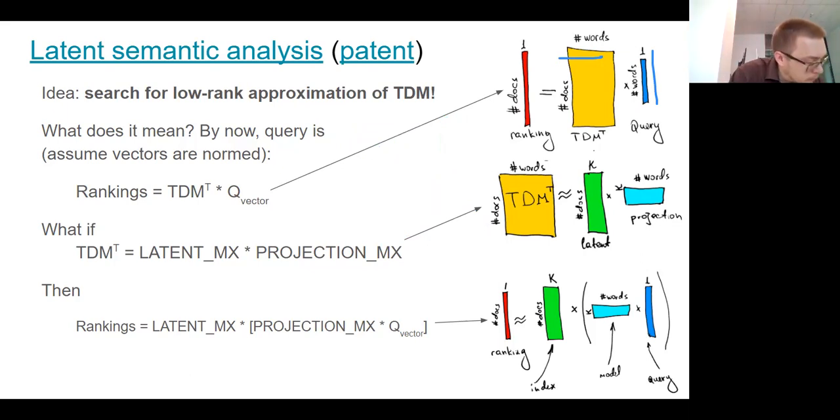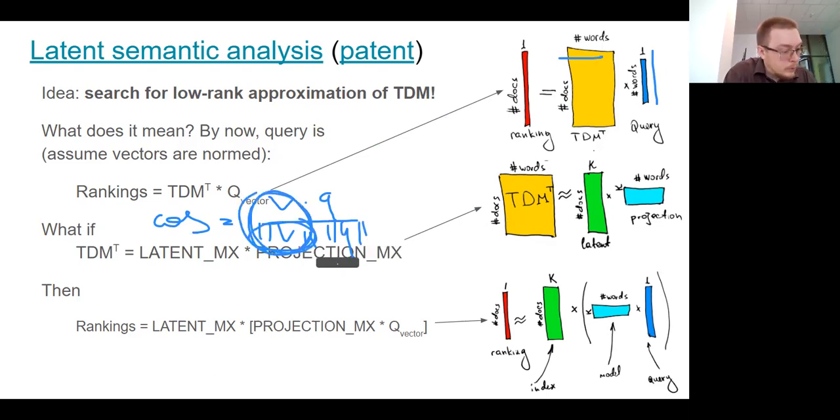So cosine equals vector times query divided by vector norm times query norm. If we pre-compute the vector divided by its norm and store it in the term document matrix, and if we use not the query but the query divided by its norm, what do we have? We just need to compute cosine similarity by dot product.